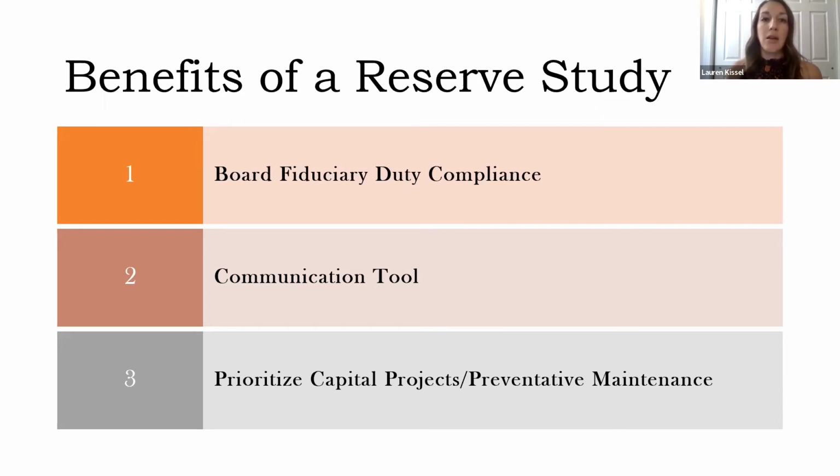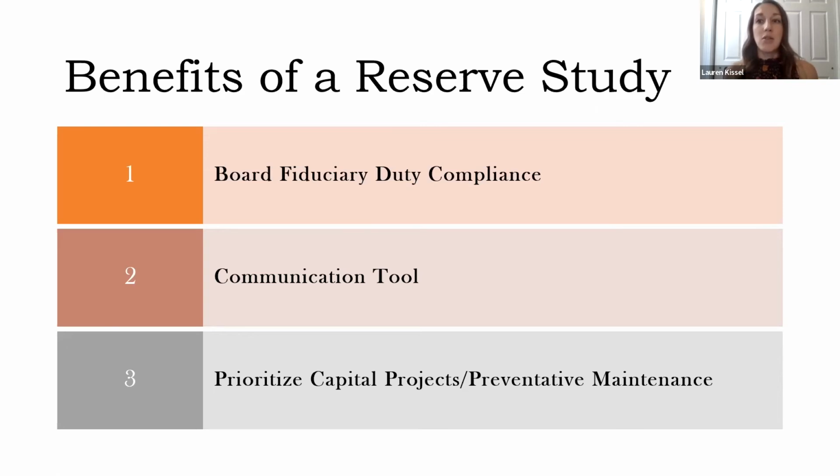And finally, not the last benefit, but the third benefit of a reserve study that we'll touch on is it does help the association prioritize which projects they should be doing.